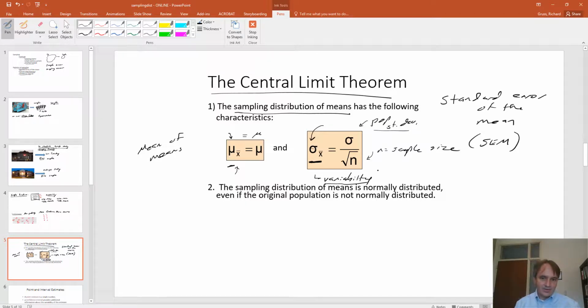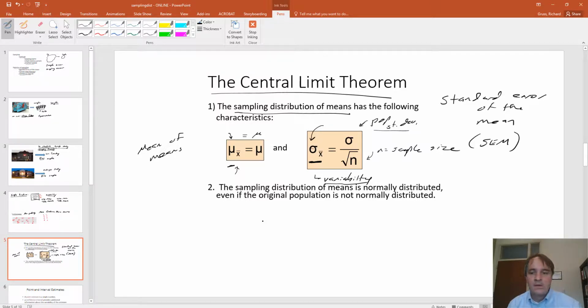If, however, I were to take samples of 50 people and average those, there would be much less variability across those samples. So the variability across samples increases with the variability in the population and decreases with sample size. This ratio is called the standard error of the mean.